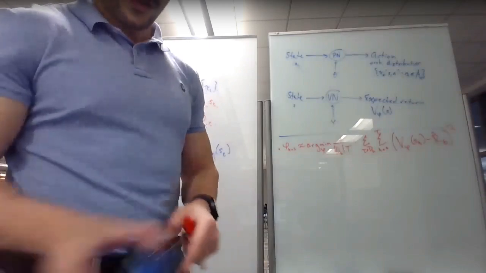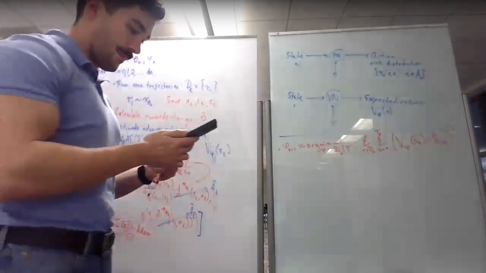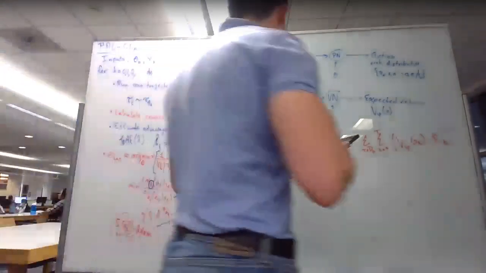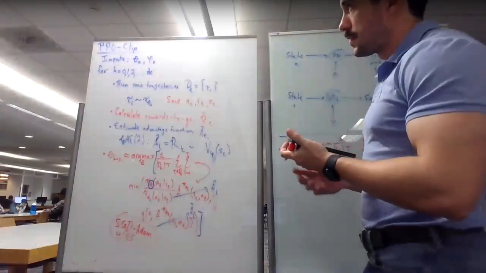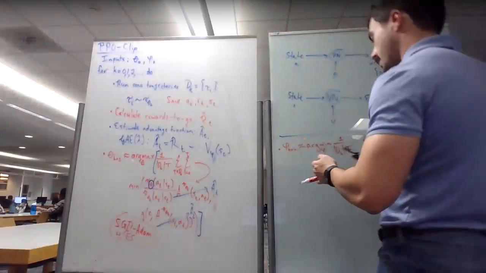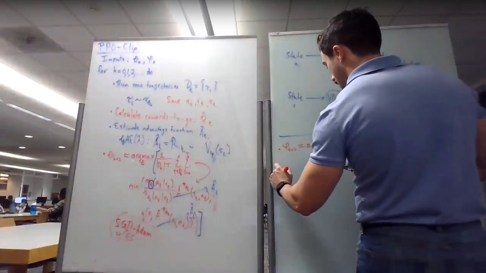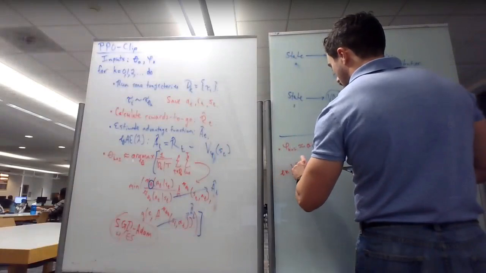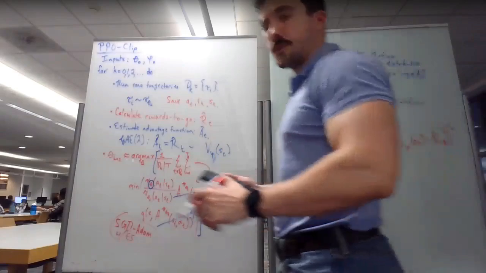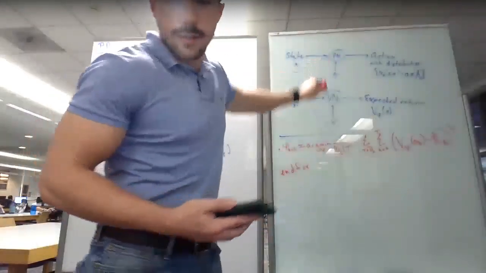Okay. So is that it? That's it. So N4, and we're done. After you run this for a while, you have a trained neural network for your policy network.